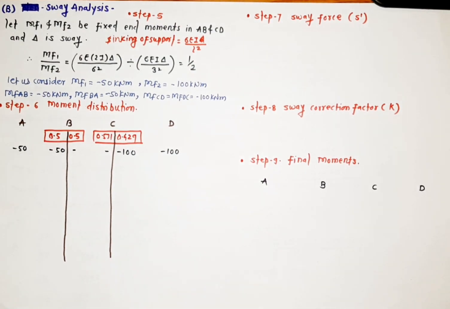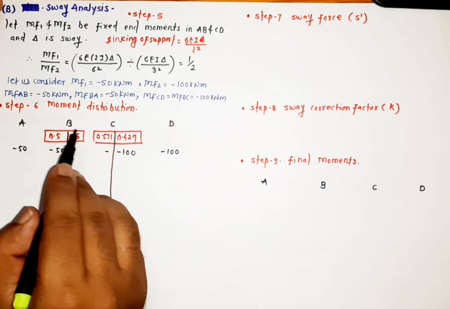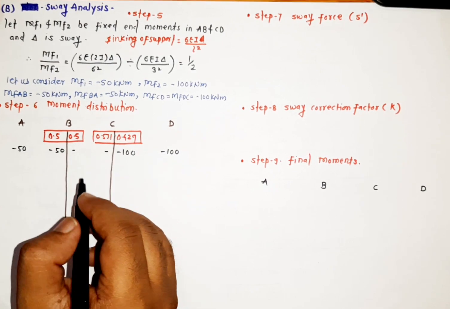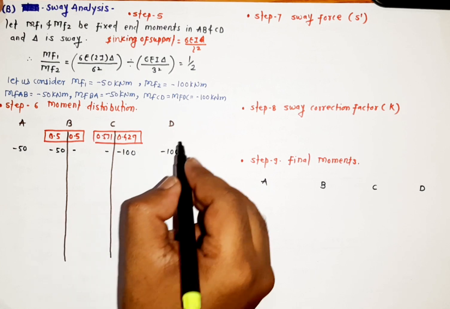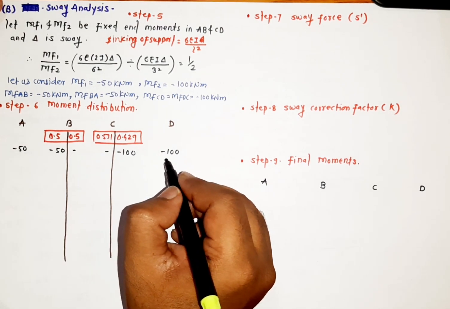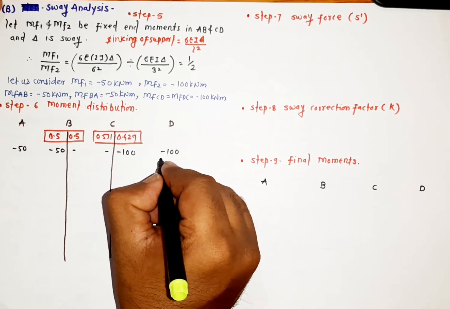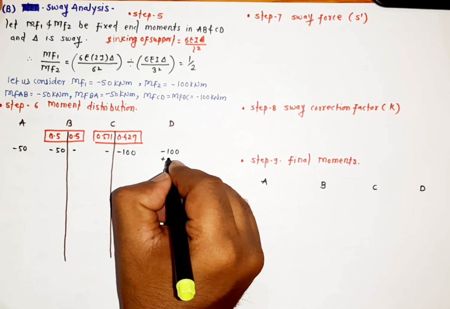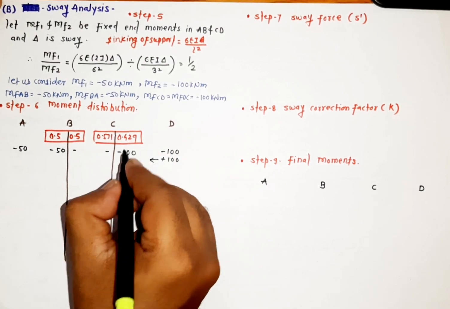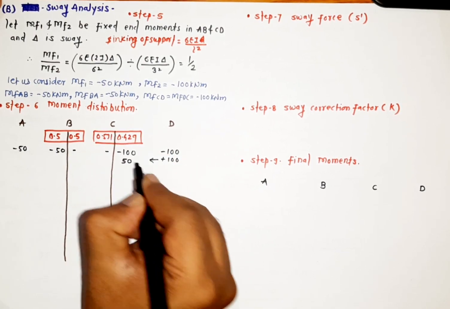We already transferred from B to A as A is fixed, from B to C and C to D as these two are intermediate supports. Now here your D joint is itself a simply supported joint. That's why we have to balance it. How will you balance? Add the opposite same value, that is plus 100, and transfer a half to the near end. It will be 50.